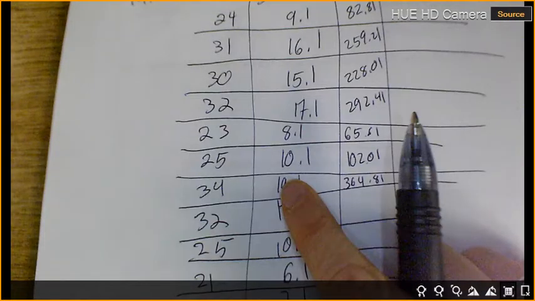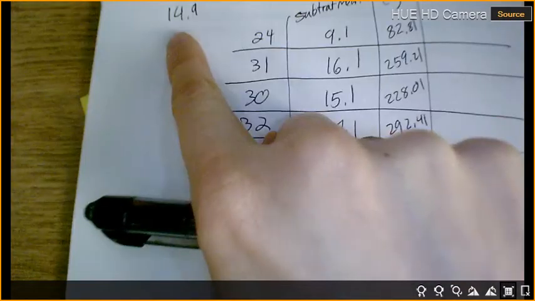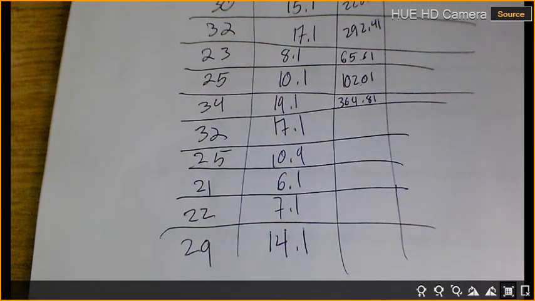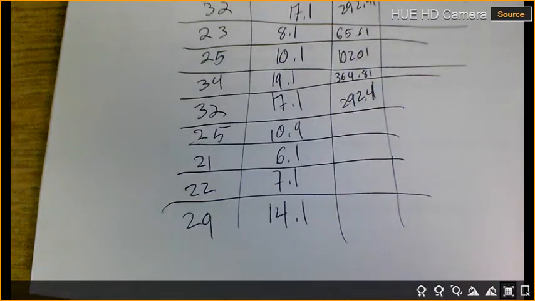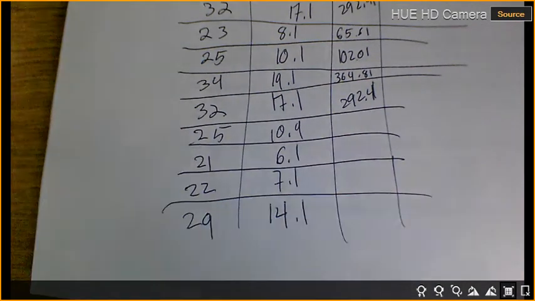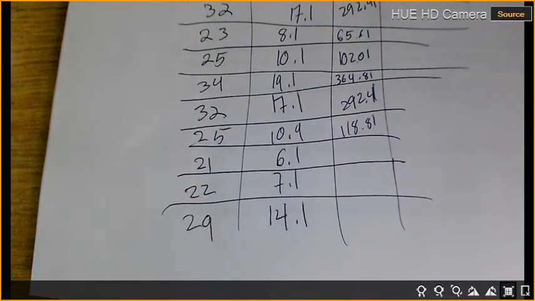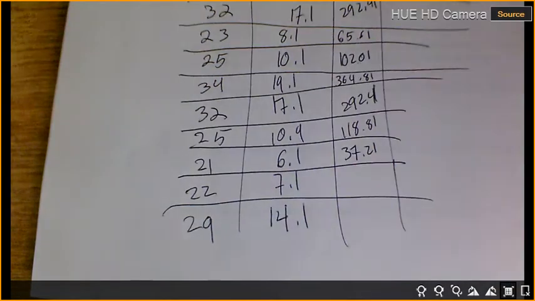I subtracted 14.9 from each of these and squared the result. 17.1 squared is 292.41. 10.1 squared is 102.01. 6.1 squared gives me 37.21. 7.1 squared gives me 50.41.